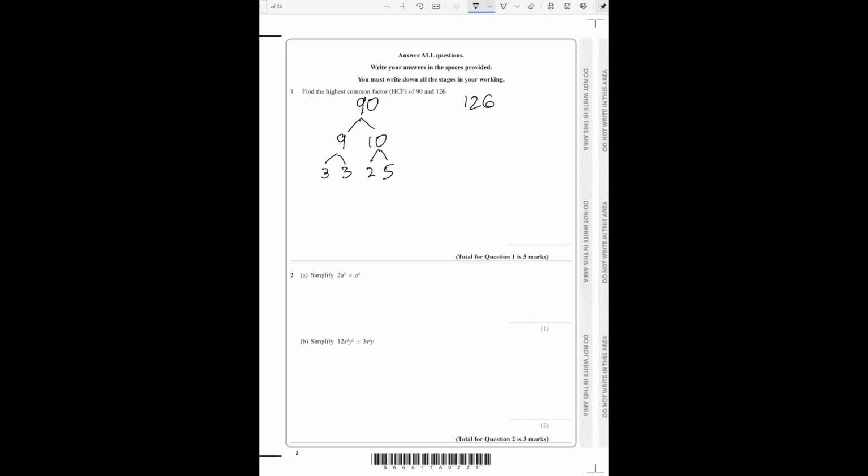Do the same with 126, so 63, 2, and then I would have 7 and 9, and 3 and 3, and then your highest common factor comes by multiplying the common ones together. So I've got 2 in both, I've got 3 in both, and actually another 3 in both. So highest common factor is actually 18.